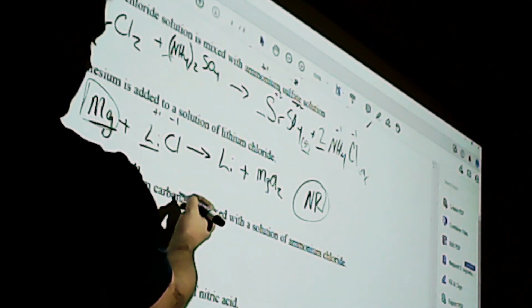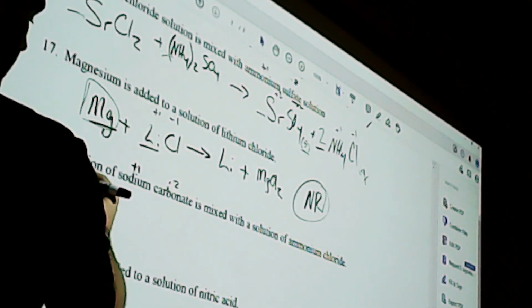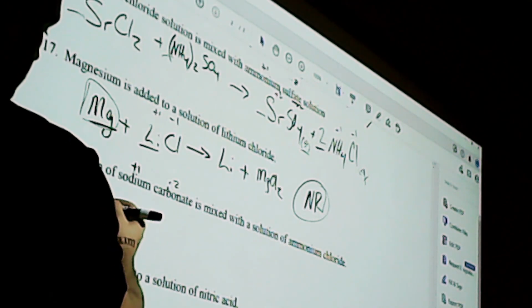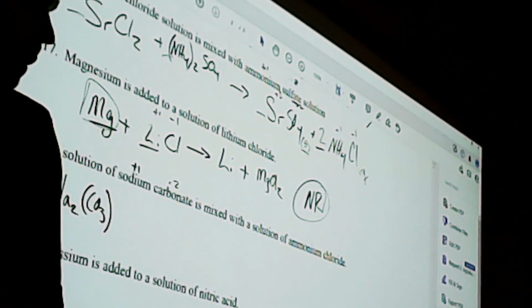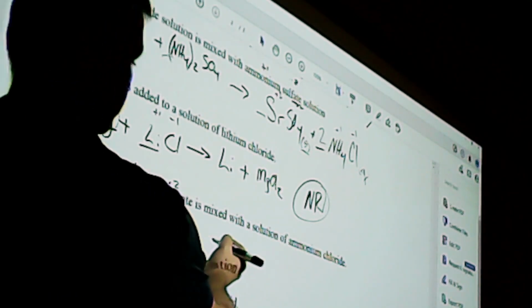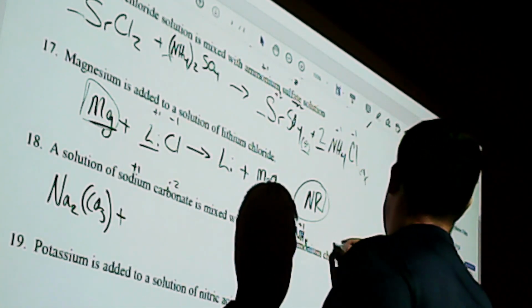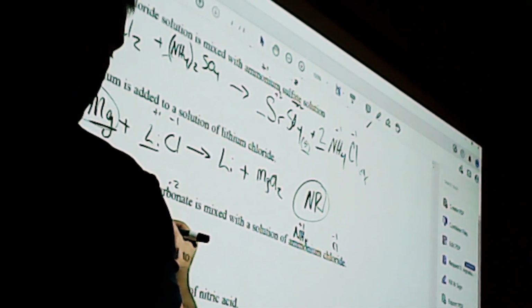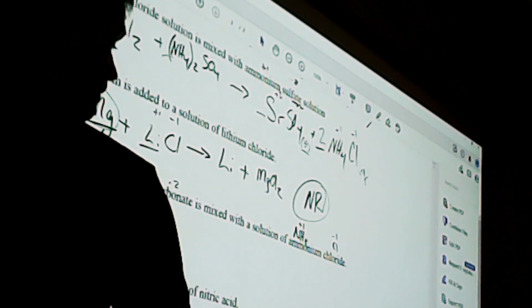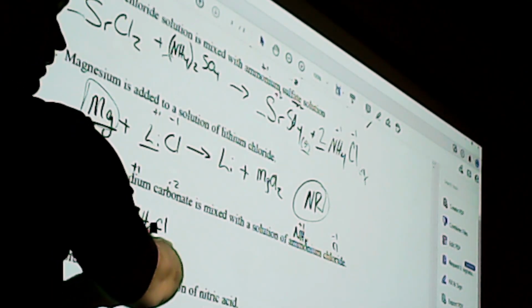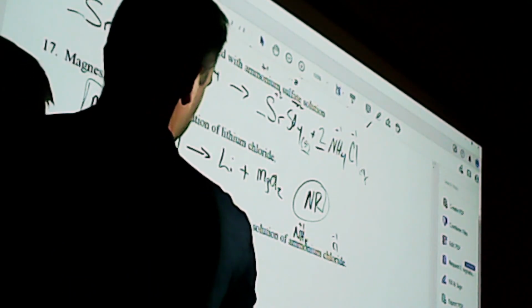The next one. Sodium carbonate. Sodium plus 1, carbonate minus 2, is mixed with ammonium, which is plus 1, chloride minus 1. So those cancel each other out in NH4Cl. That gives me 1, 2 points.